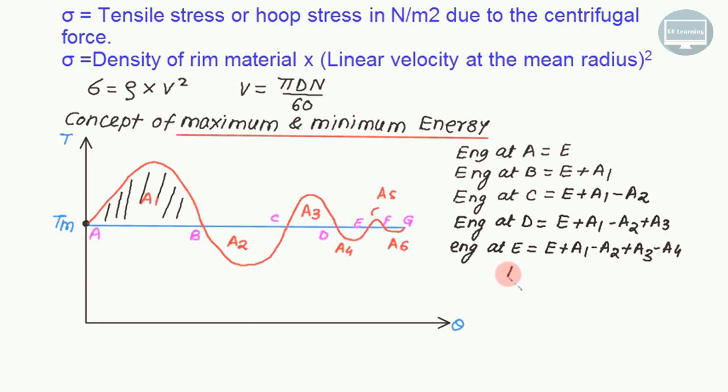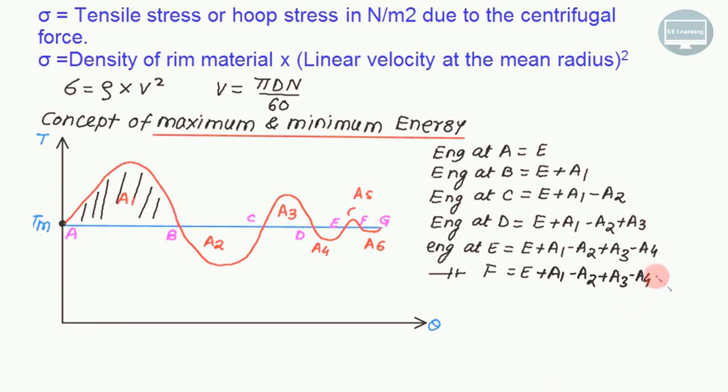And finally at F it is E plus A1 minus A2 plus A3 minus A4 plus A5. Since we come from the higher level back to the same level at this point, the energy at G is the same as the energy at E. So the energy at G must equal the energy at A.